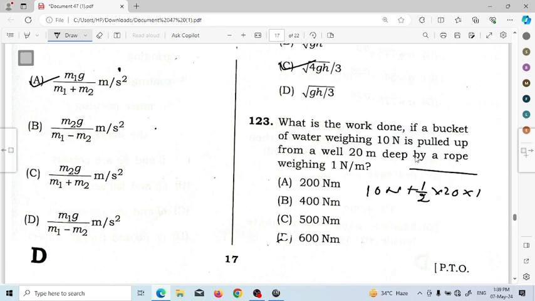As the length increases, the load also increases, and the area under the curve gives the total weight. So the total weight will be 10 plus 10, equal to 20 Newton, and the work done will be 20 into the distance 20, which is equal to 400 Newton meter. So option B is the correct answer.